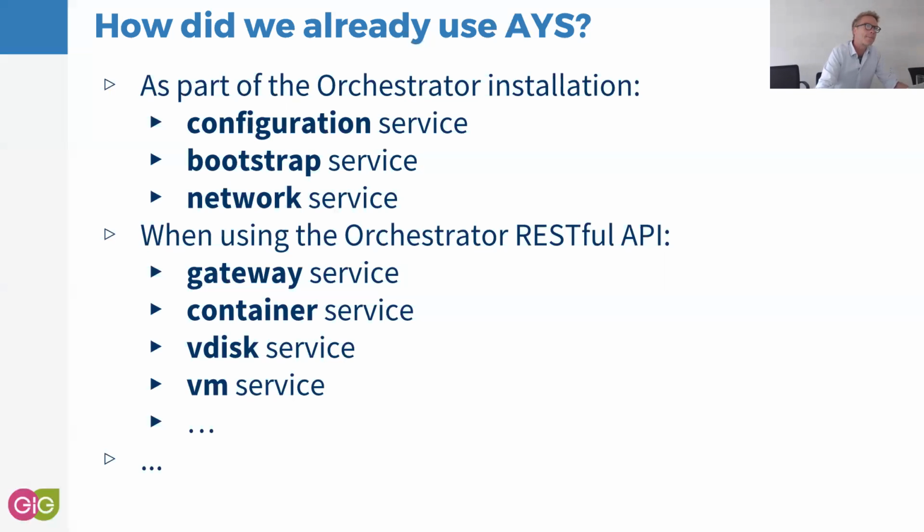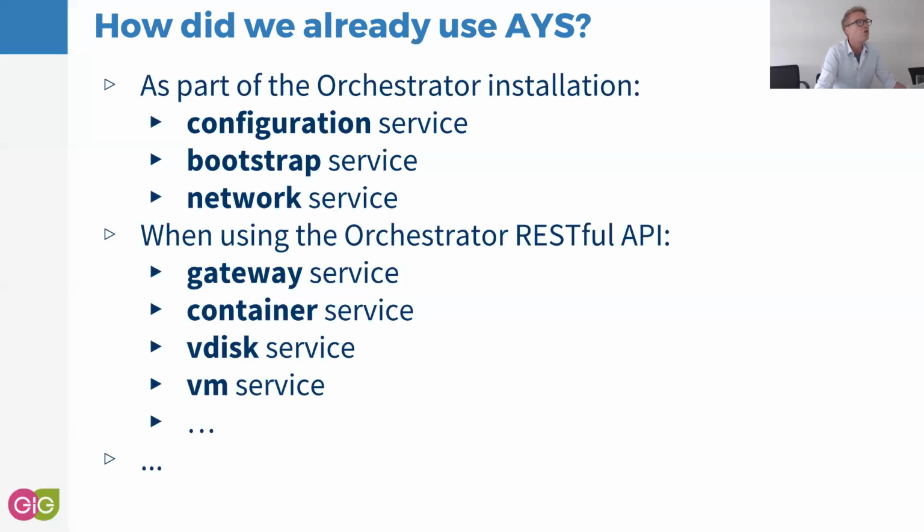And then, as I will show in the demo, once you have your orchestrator installed and your cluster up and running, you get things done through the RESTful API of the orchestrator. We have seen many examples of that. We typically have been creating containers, virtual machines, vDisks, and all the things on the slide. But what actually happens when we were doing that is that we actually created services. That's really important to understand.